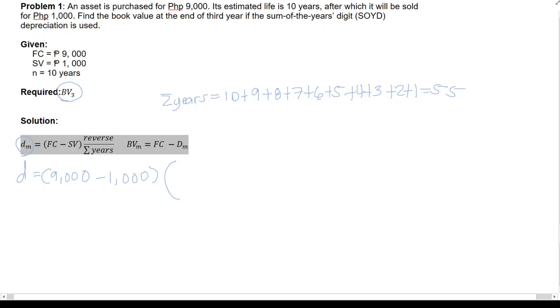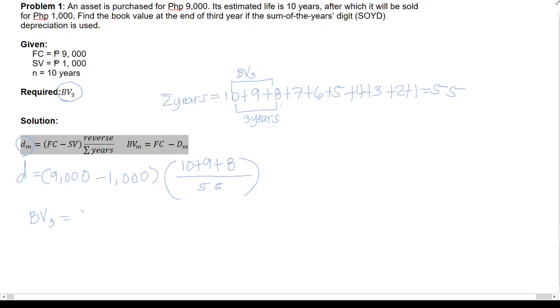The reverse there is 10 until 8, since that is the book value at the third year, 1, 2, 3, in total 3 years. So the reverse is 10 plus 9 plus 8, divided by the summation of the years, which is 55.